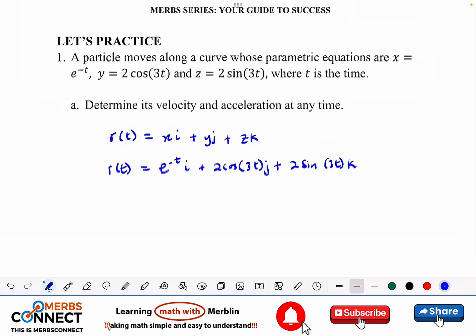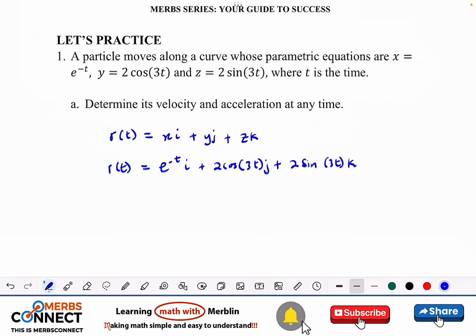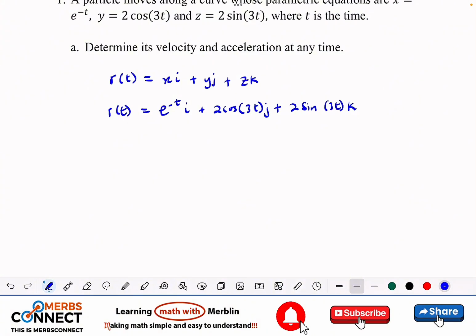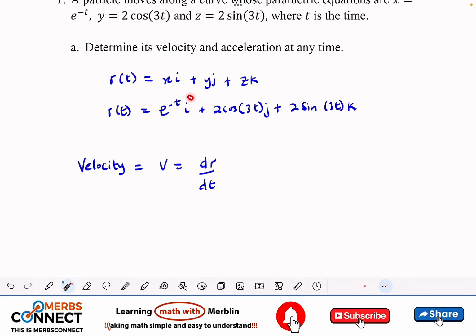So now this is the parametric equation. What we just need to do now is find the velocity. Let's assume that this is equal to v, and we know that this is the same as dr over dt. So we need to differentiate the function.